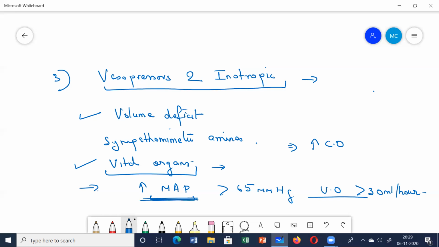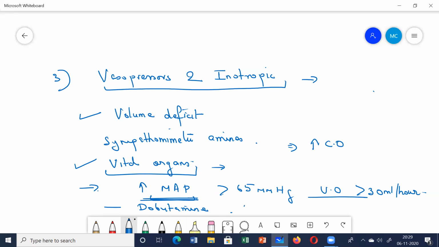And the main inotropic drug which is used is dobutamine. Although I'll give you some more names of other sympathomimetic amines which can be used. But remember, dobutamine is the commonly used drug, primarily an inotropic drug which mainly increases the myocardial contractility.